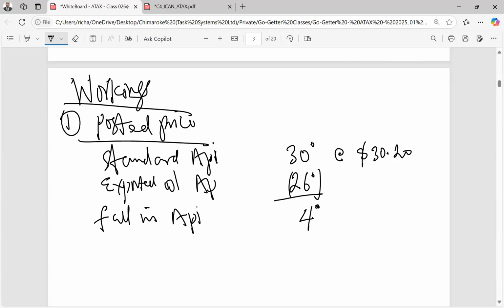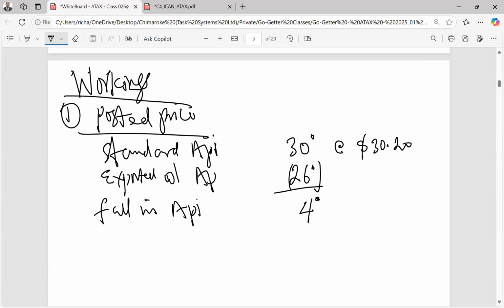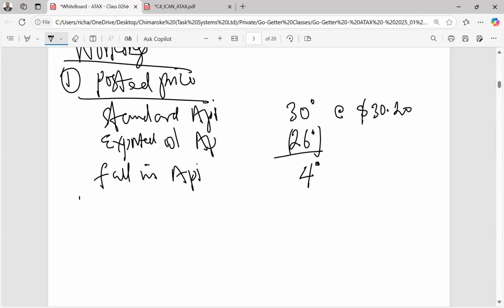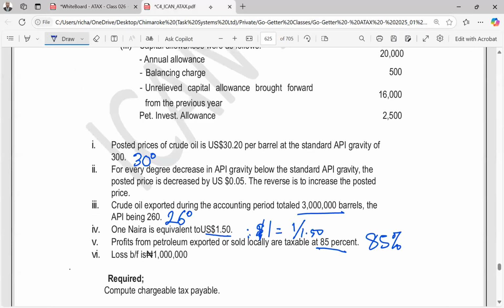So it means that we will now look for the value of the fall in API.